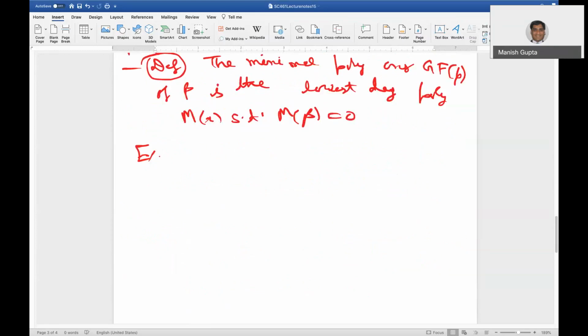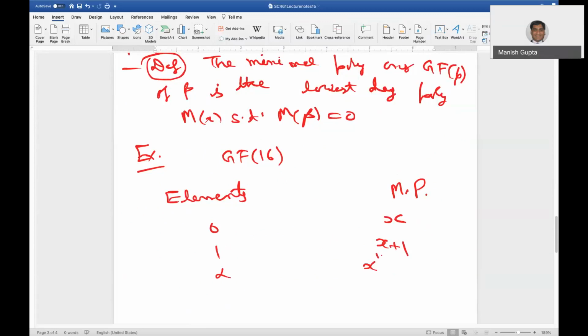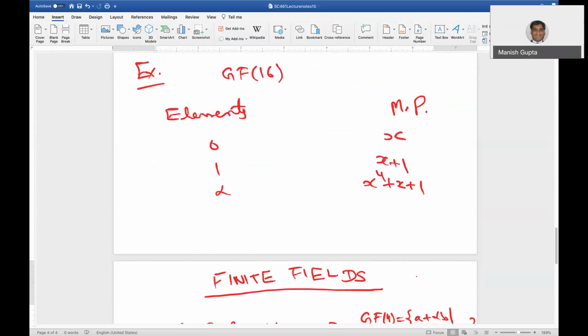Example, in GF(16): for the element 0, the minimal polynomial is x; for 1, it is x plus 1; for alpha, x raised to 4 plus x plus 1; for alpha square, x raised to 4 plus x cube plus 1; for alpha cube, x raised to 4 plus x cube plus x square plus x plus 1; and finally for alpha raised to 5, it is x square plus x plus 1, and so on.